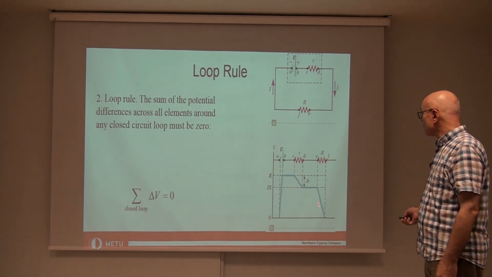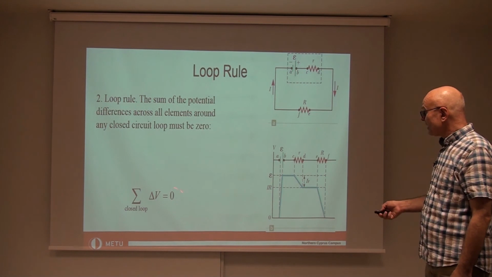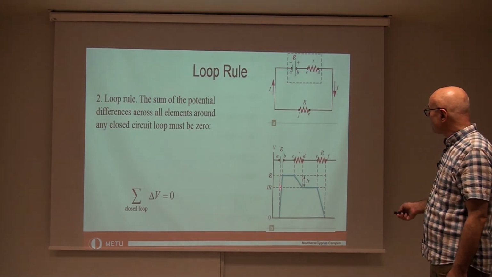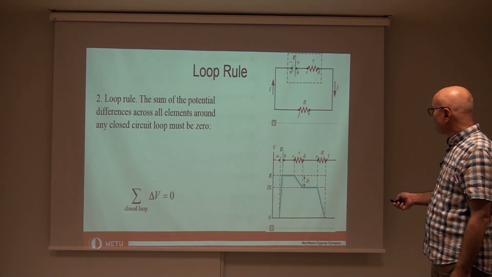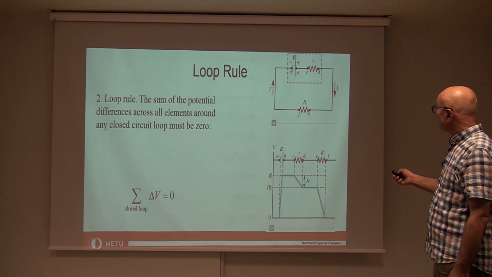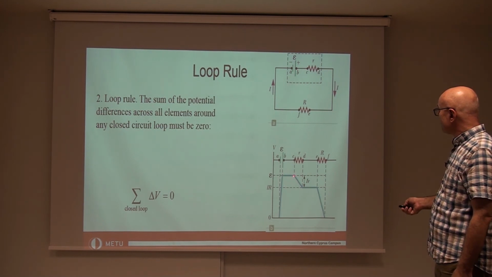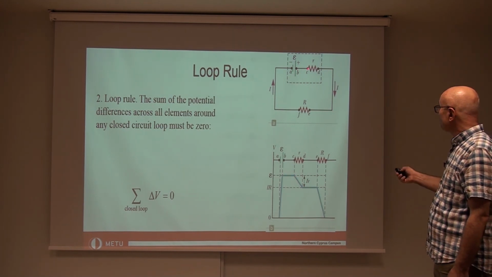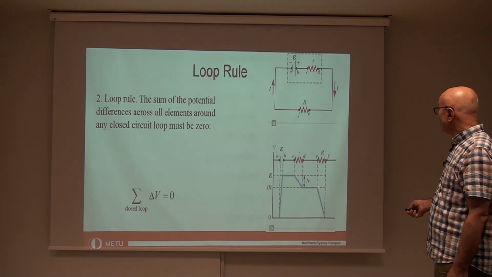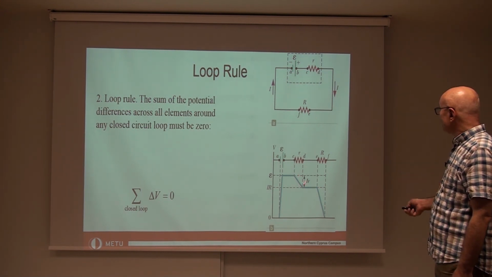This graph shows that this actually holds because, as you can see, we start again at A and end up at A. So when you go from A to B here, the potential rises to E, and between B and C it stays the same because there is no circuit element. Now when you go from C to D, it drops by I r, and between D and E there is no potential change.